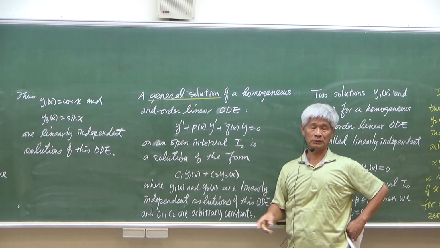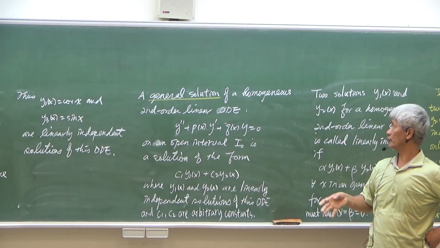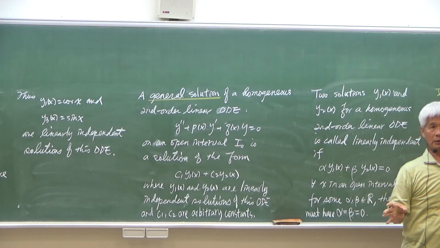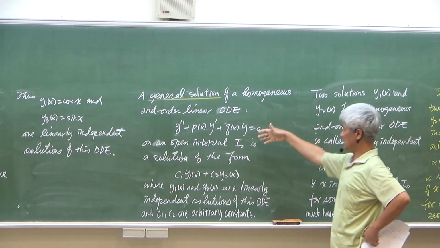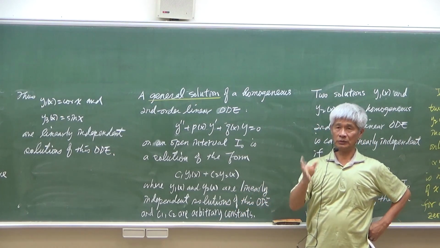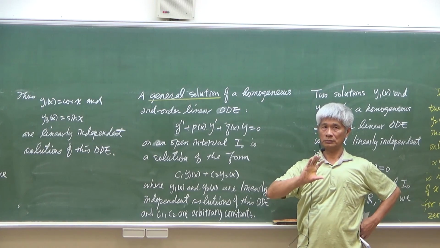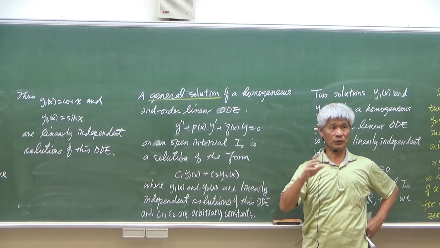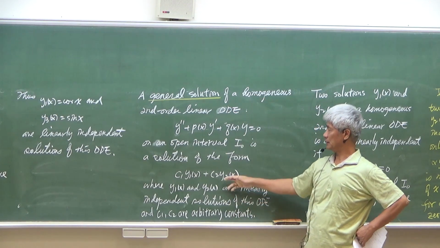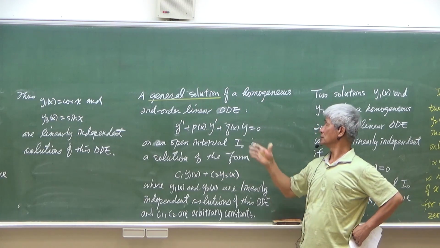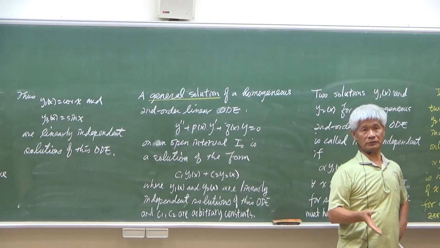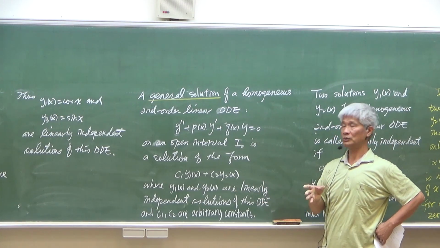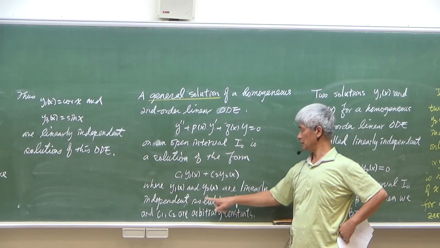So a general solution always exists for homogeneous second-order linear ODE. We will show that later, but at this moment, I just give you what a general solution looks like. How do you find a general solution? It is equivalent to finding two linearly independent solutions.